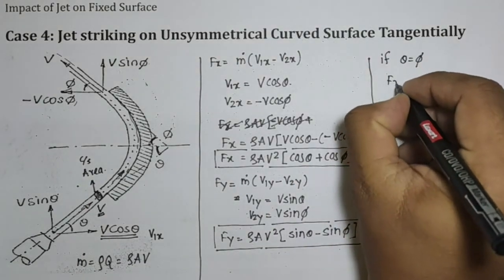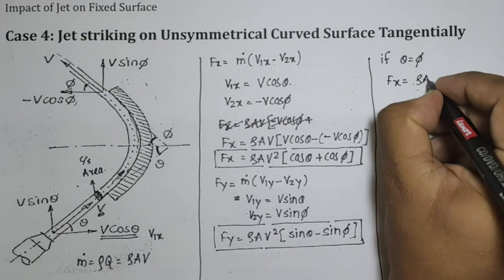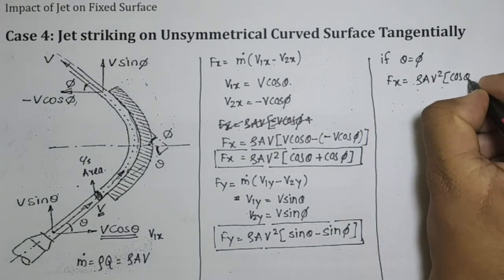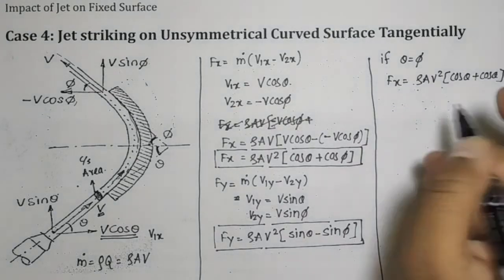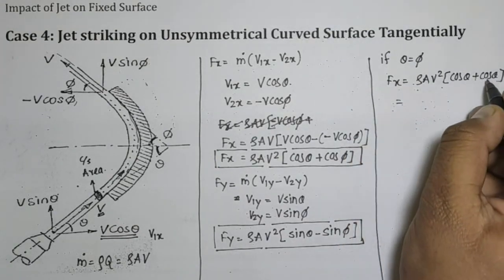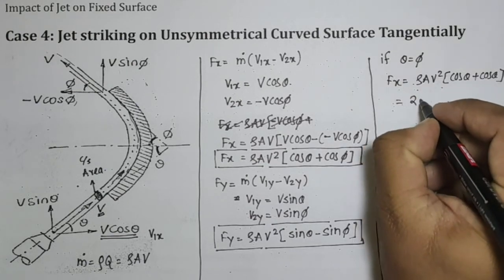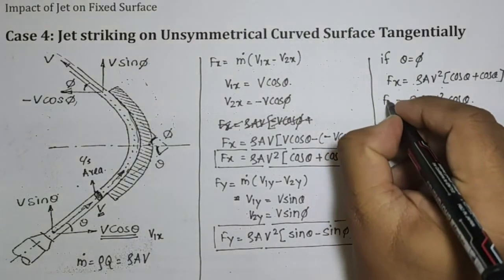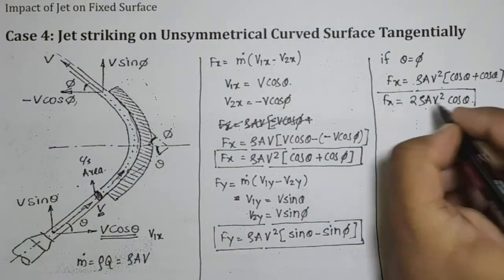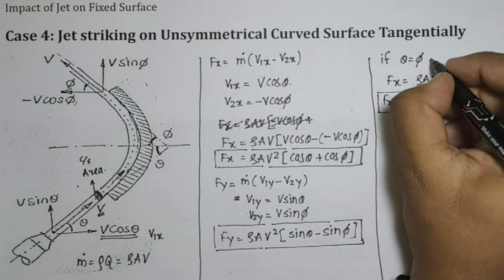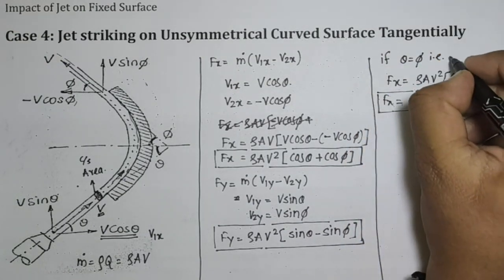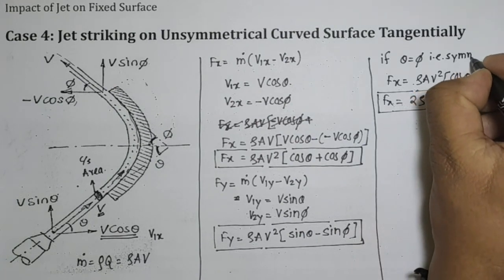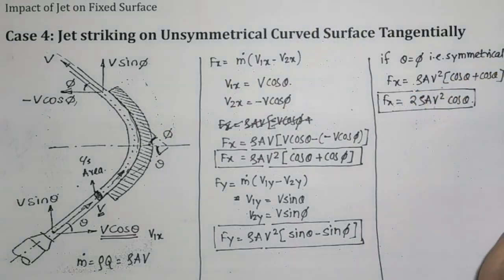So Fx in that case is rho a v square in bracket cos theta plus cos theta, which becomes 2 rho a v square cos theta, for a symmetrical curved surface. This is all about the x force.